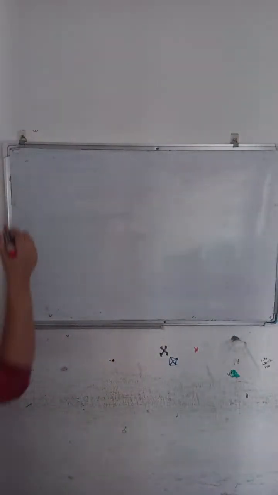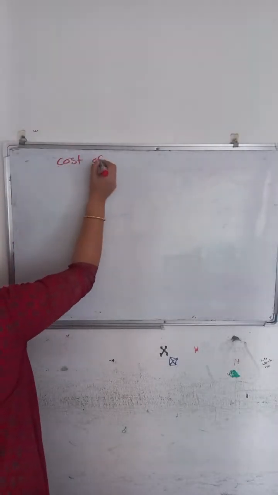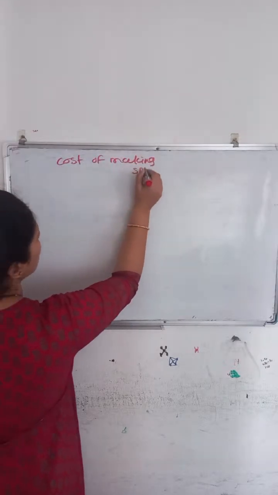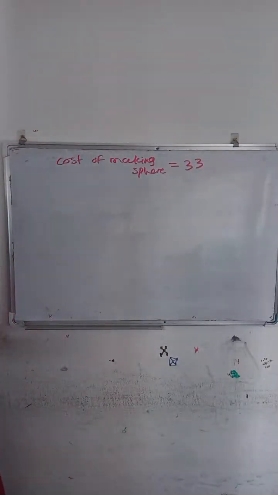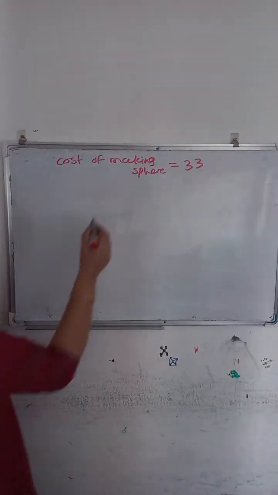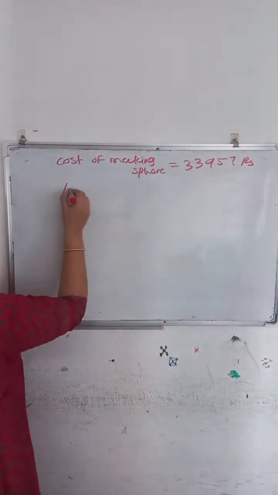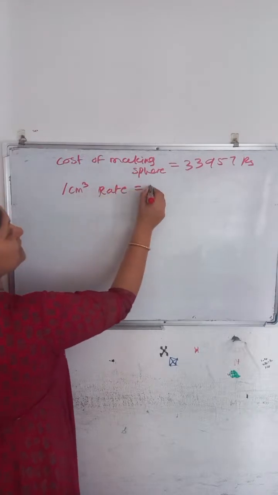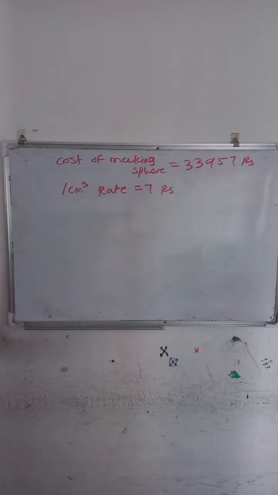So the cost of making the sphere is 33,957 rupees, and the rate is 7 rupees per centimeter cube. And we have to find the radius.